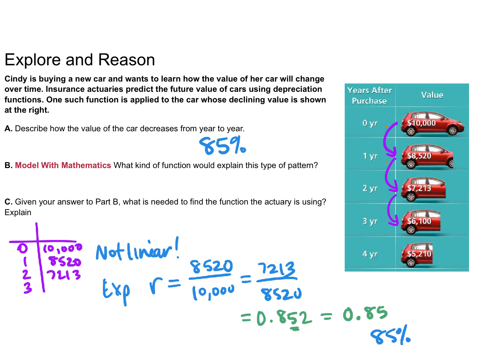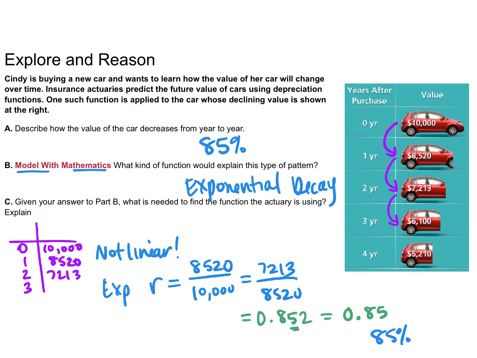If you wanted to model this with mathematics, the function that would explain it is an exponential decay, because it's going down each year. If it was going up, it would be an exponential growth. Given your answer to part B, what is needed to find the function the actuary is using?